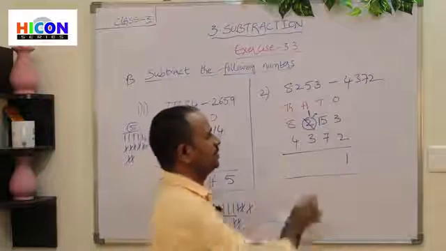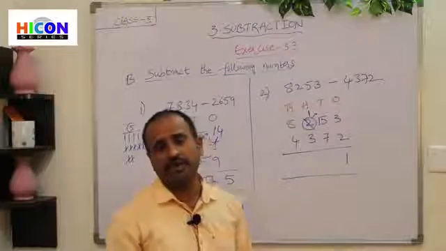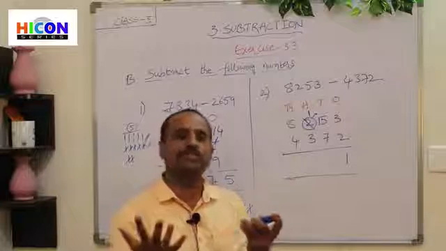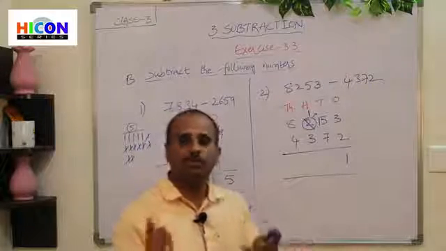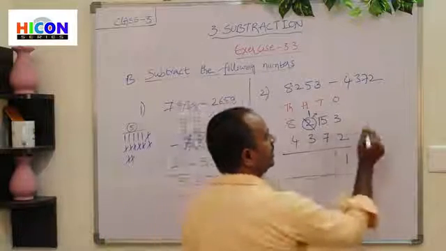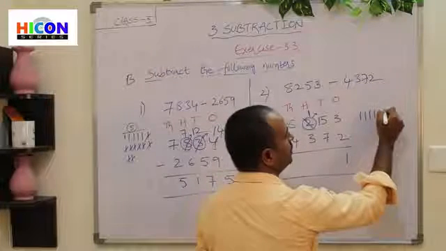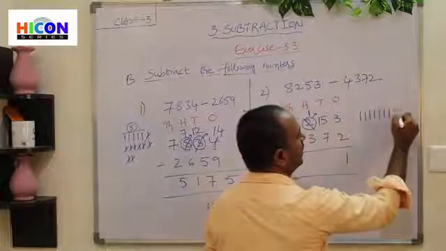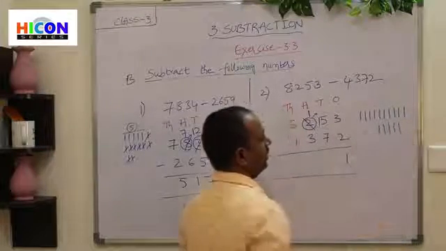Now what is the first number here? 15. The number is more than 10. We cannot do the subtraction on our fingers because we have only 10 fingers. In such a case, we have to draw 15 lines in your notebook. So draw 15 lines. 1, 2, 3, 4, 5, 6, 7, 8, 9, 10, 11, 12, 13, 14, 15.